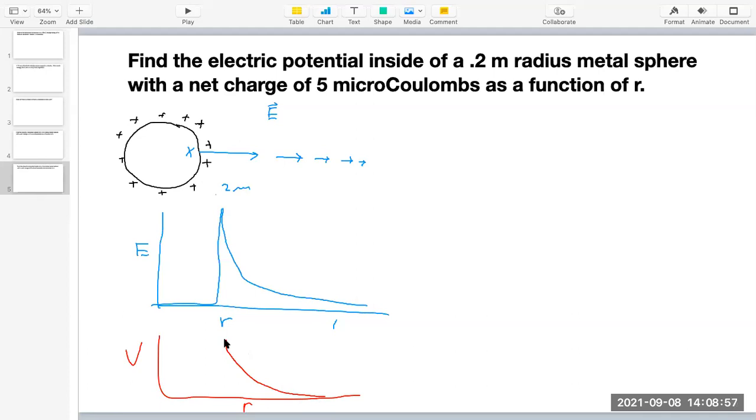It means no change in electrical potential. Zero derivative, or spatial derivative. So if you just figure out what the electrical potential is at the surface, then you know the electrical potential at all points on the inside. Because it's metal, it all should be at the same electrical potential.